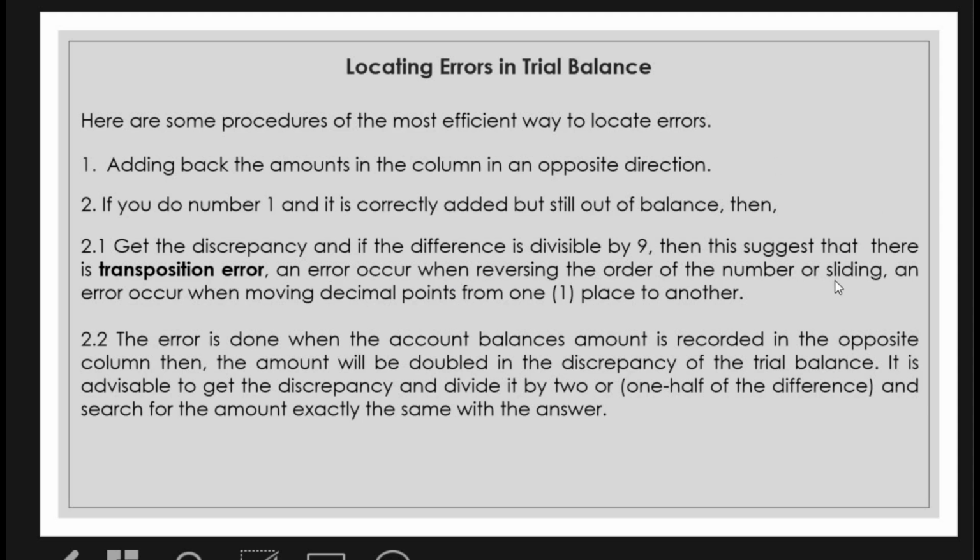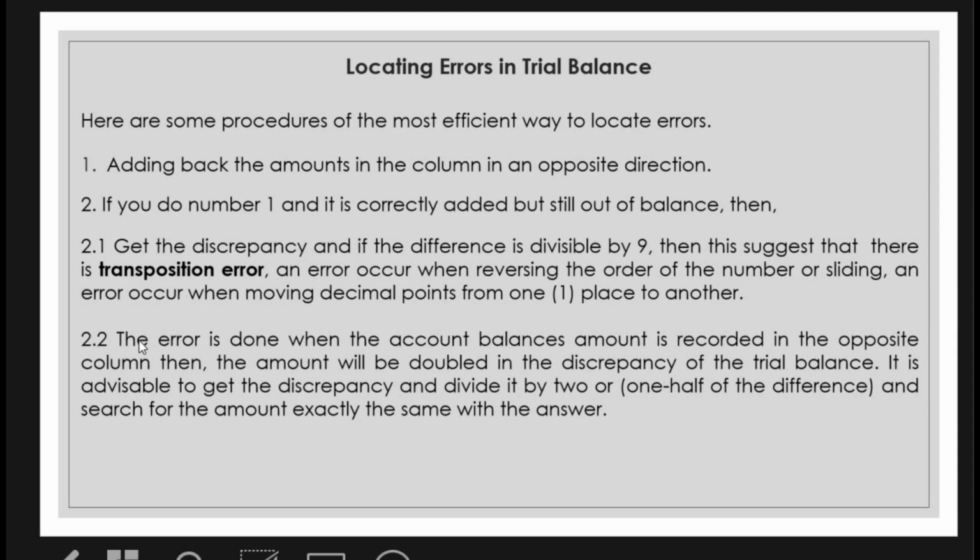Or the other one is sliding error. So this is a second type of error, no? An error that occurs when moving decimal points from one place to another. So imbis kay 100 lang, nahimo siyang 1,000, for example. So mamali na jud siya. So that's a sliding error.